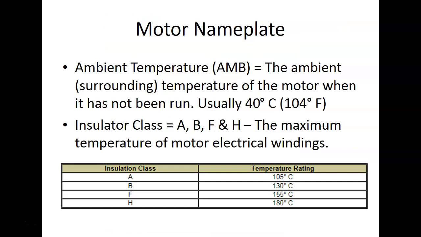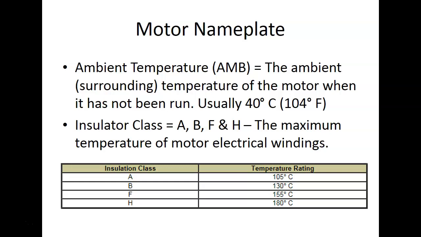This is the ambient temperature. What is ambient, by the way? So ambient means what? Yes, surrounding, yeah. So a Class A motor, a Class B motor would have a temperature rating of 130.